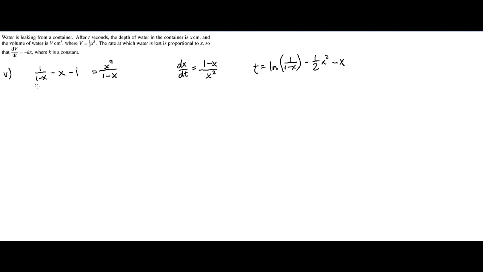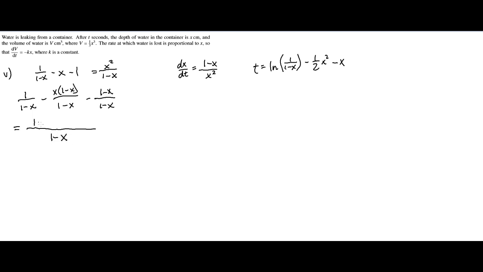Okay, so let's start by solving this bit. So we need to prove the left hand side equal to the right hand side. So let's start with just the left hand side. So 1 over 1 minus x minus x times (1 minus x) over (1 minus x) minus 1 times (1 minus x) divided by (1 minus x), and we can take it as a common fraction of 1 minus x.